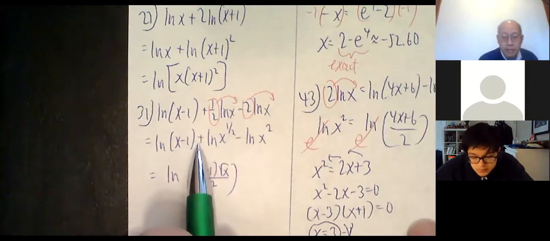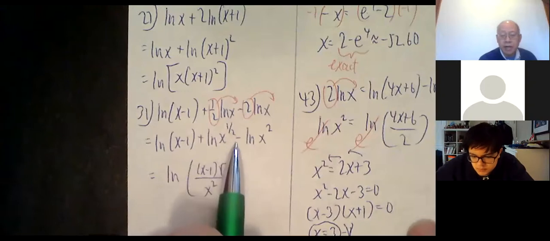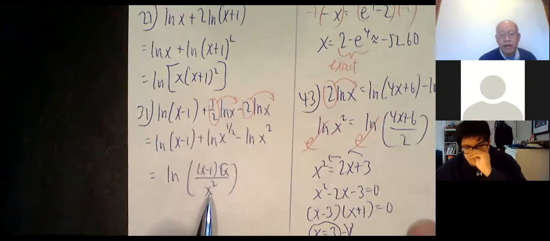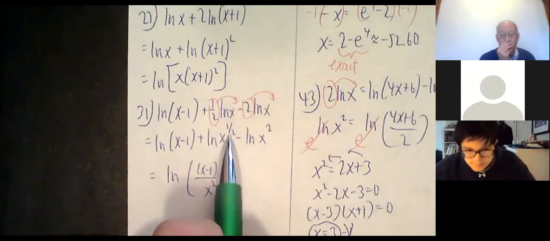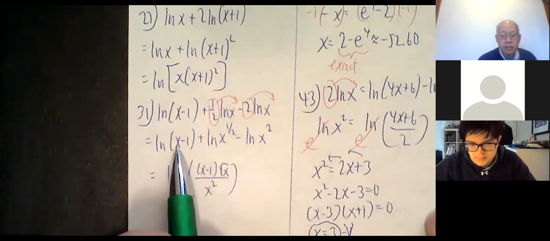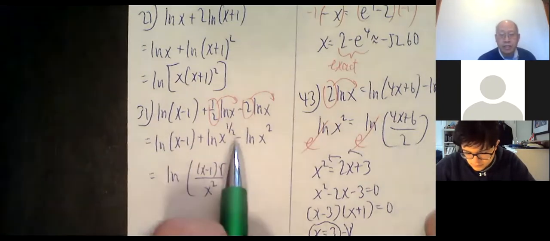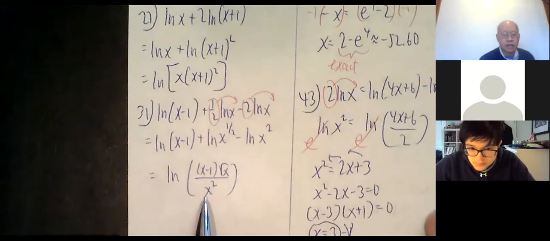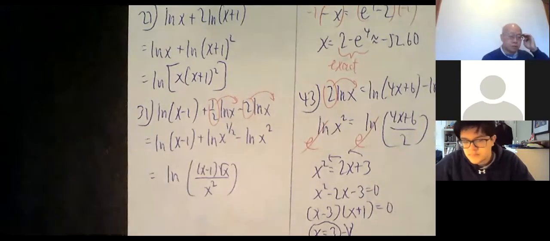There's a plus, multiply. There's a minus, divide. You put it all together. And x to the 1/2 means square root, so write it as a square root. So x minus 1, and since this is a plus, times radical x, and since this is a minus, divided by x squared. So that's the way you do these kind of problems.